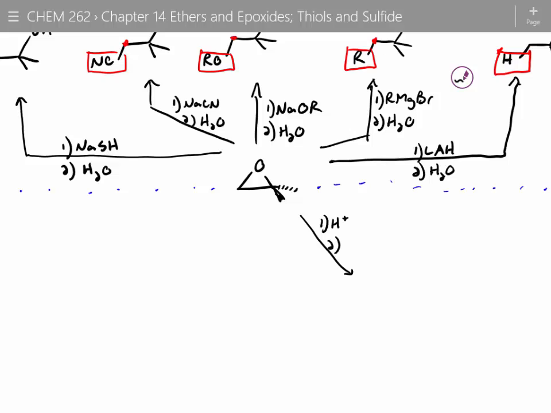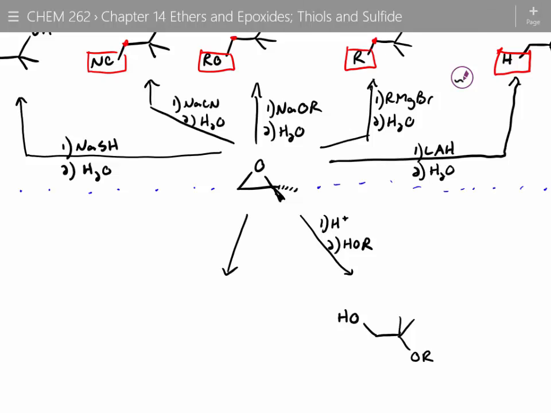And let's add in an alcohol. So I'll call this HOR. It could be any alcohol. And if we do this, our alcohol will add into the more substituted side. And so we can end up forming an ether out of this.